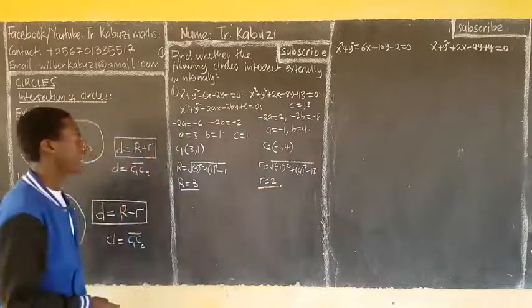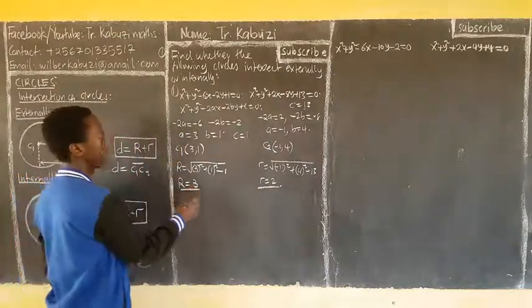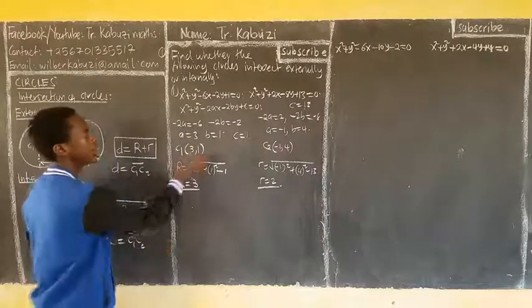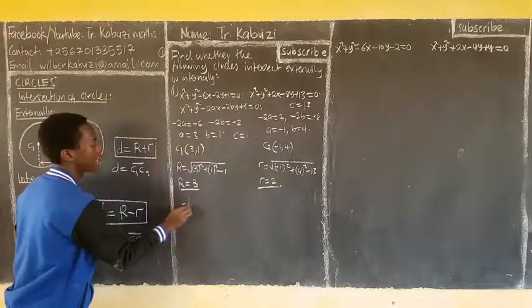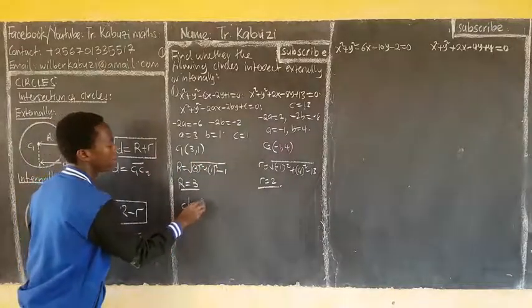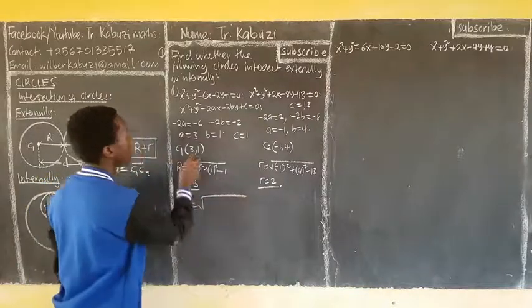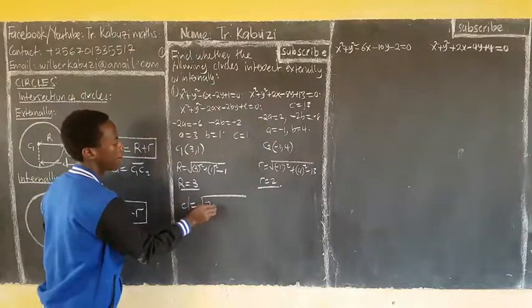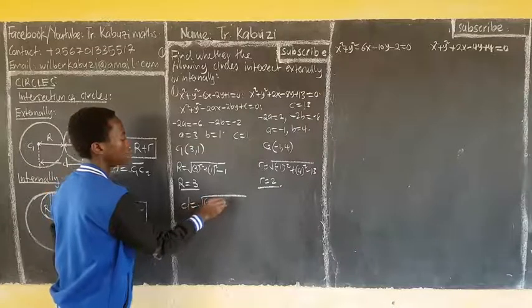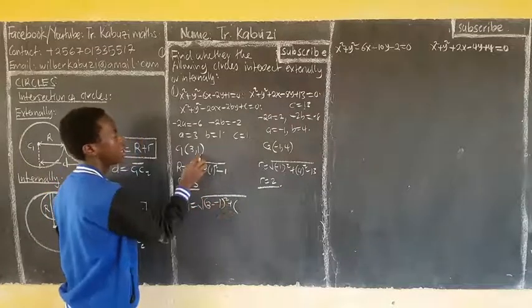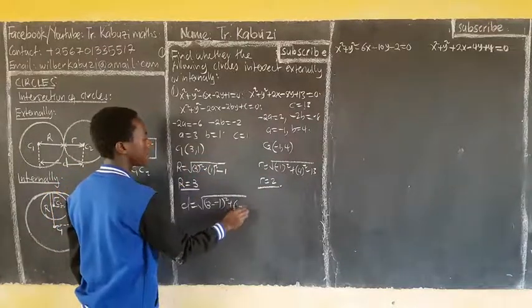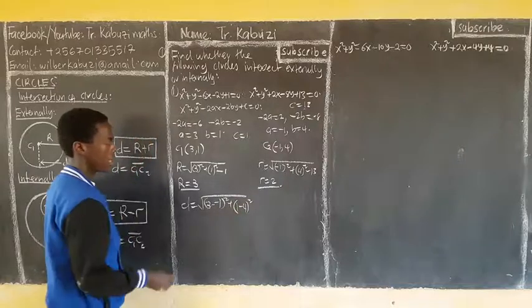Now I want to check. We are missing the distance between these centers. So my distance is going to be the square root of 3 minus negative 1, the whole squared, plus 1 minus 4, the whole squared.